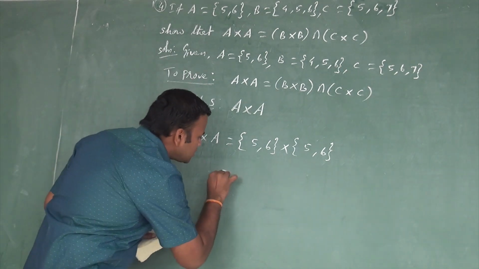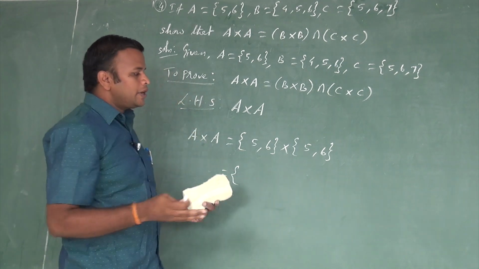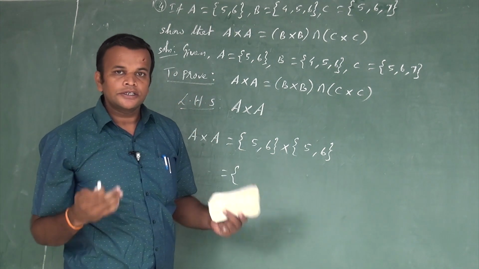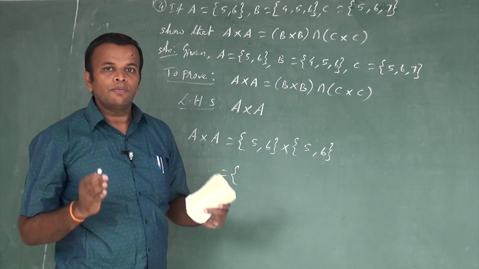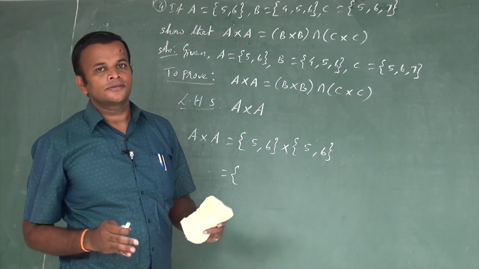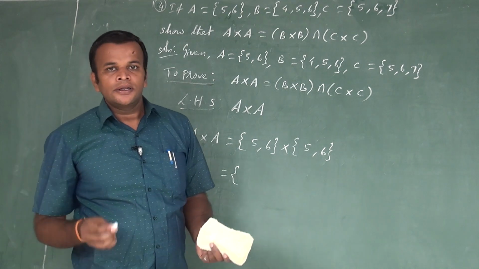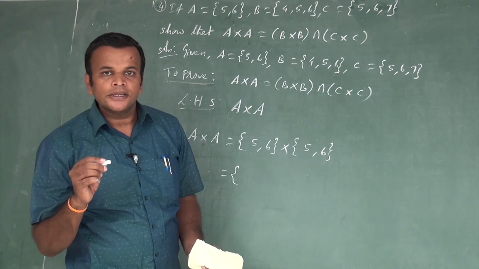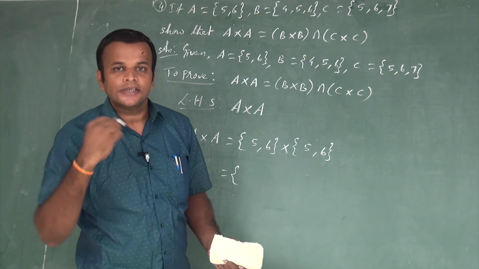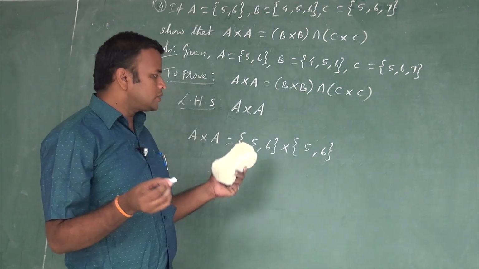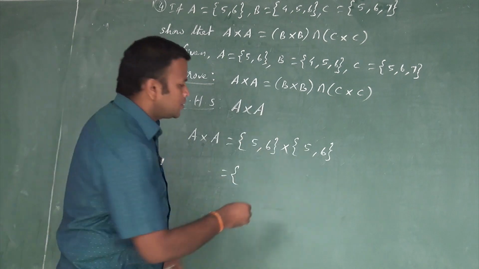Now to find the Cartesian product of these two sets. In the previous video we saw in detail how to find the Cartesian product of any two sets. That is to write all possible ordered pairs. In an ordered pair, the first element always lies in the first set. The second element lies in the second set. So what is the first possible ordered pair?